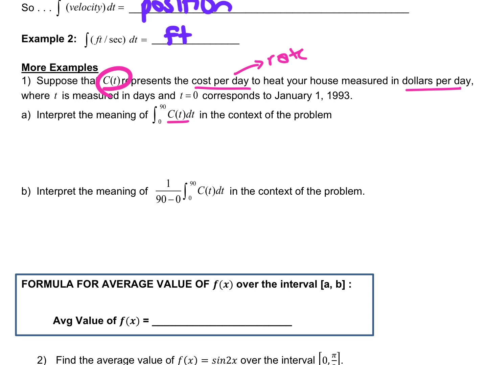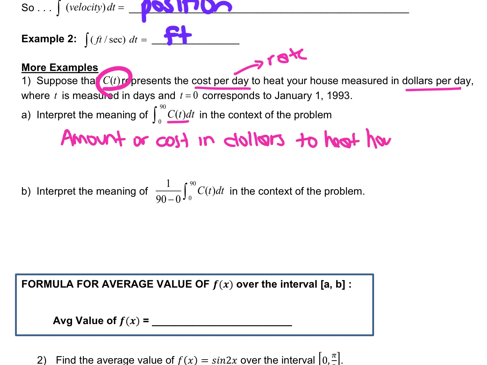So this is saying the amount, or the cost in dollars, that you had to pay, that it cost to heat your house for 90 days, in the first 90 days of the year 1993.